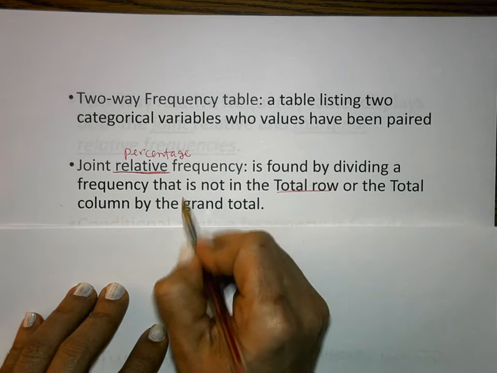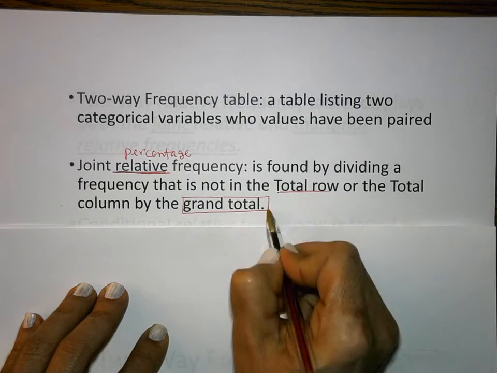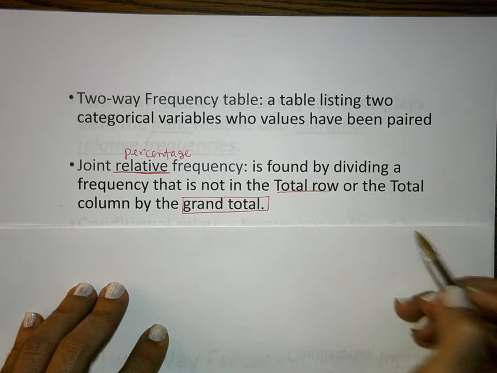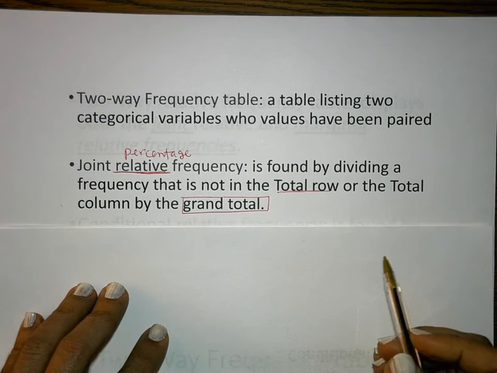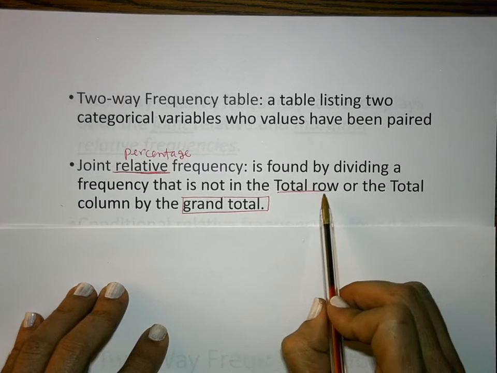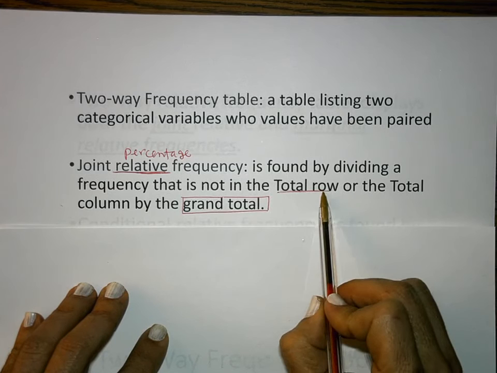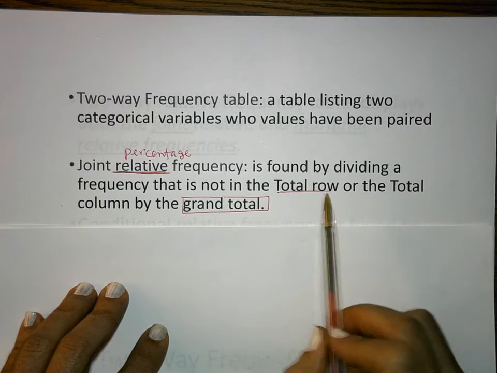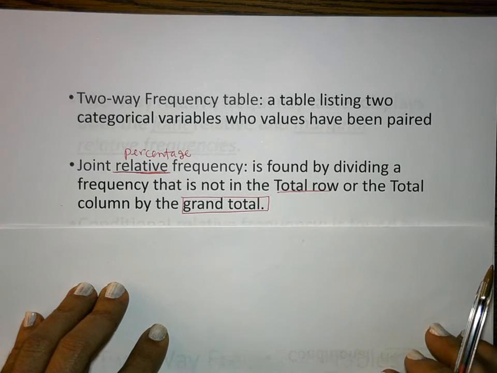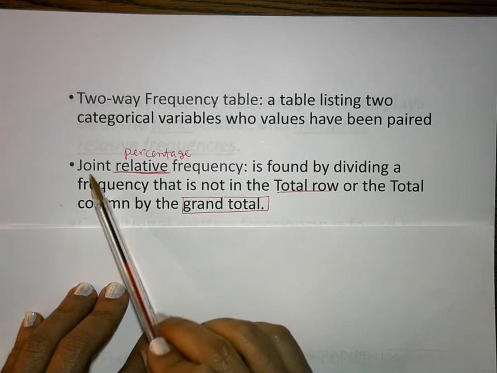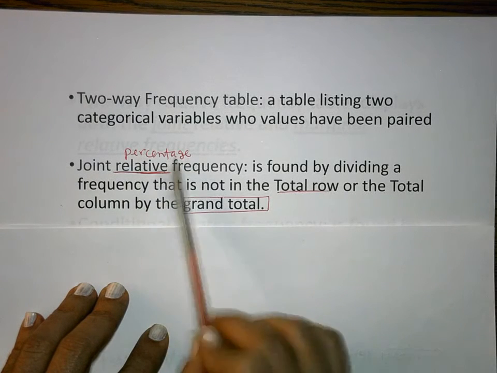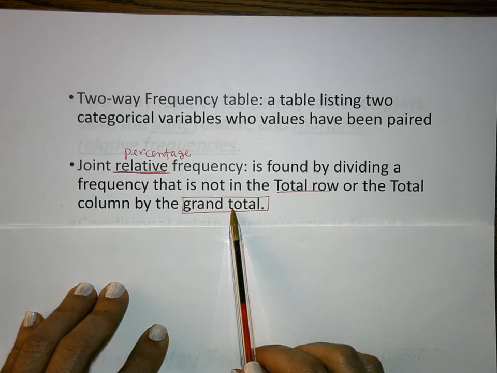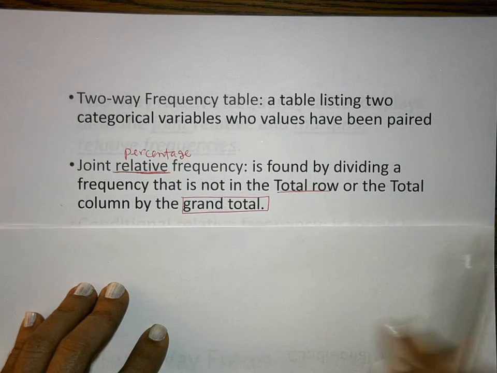So we're going to be focusing on the grand total. That's what we're going to be dividing by. Make sure that it's not in the rows or in the columns. I have a super hard time with this word. I know some of you are probably already giggling because I probably said it wrong. So this joint relative frequency is a percentage, and we find it by dividing by the grand total. That's what I want you to focus on: grand total.